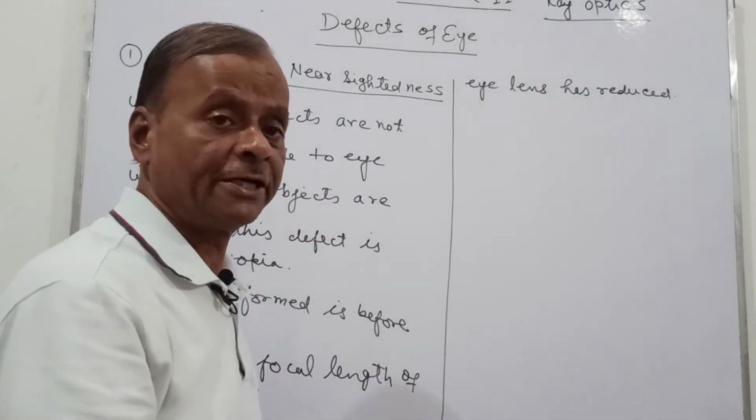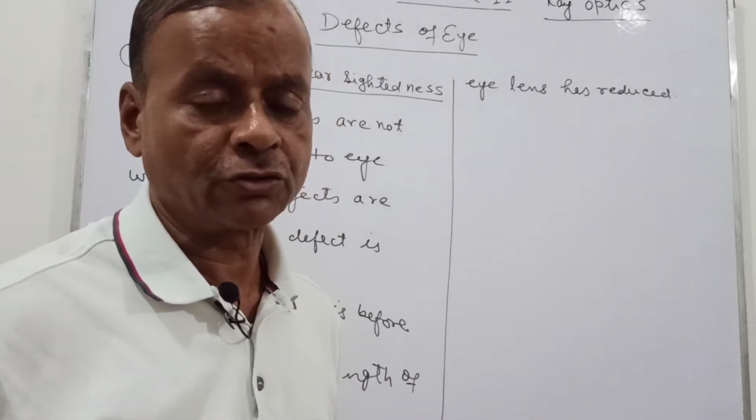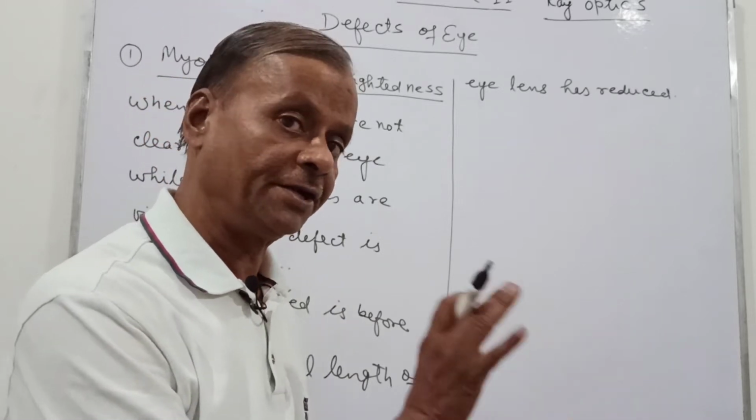So now what we do is use a suitable concave lens, because a concave lens spreads the light rays, so the image is formed on the retina.